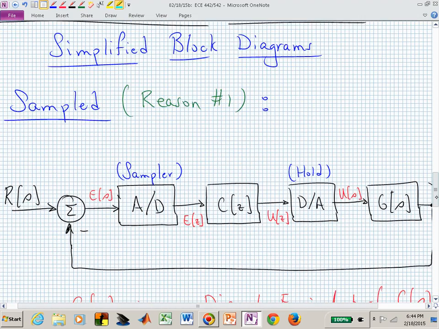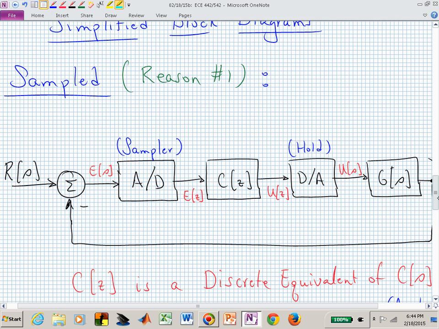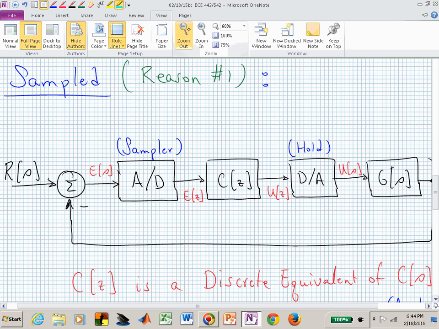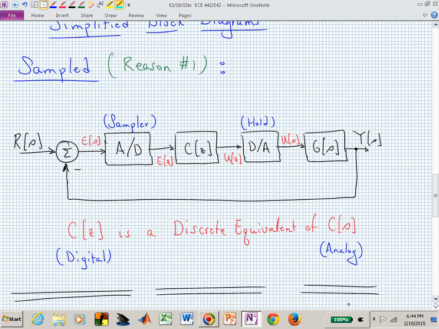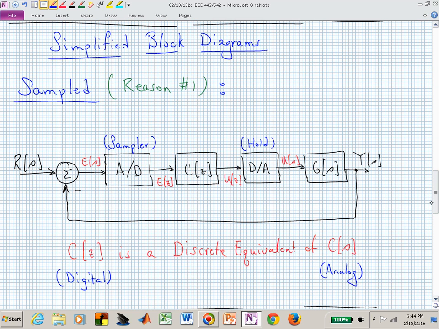Here is reason one, and this is for converting maybe the controller, C of S, to a C of Z. We may want to not have an analog controller.